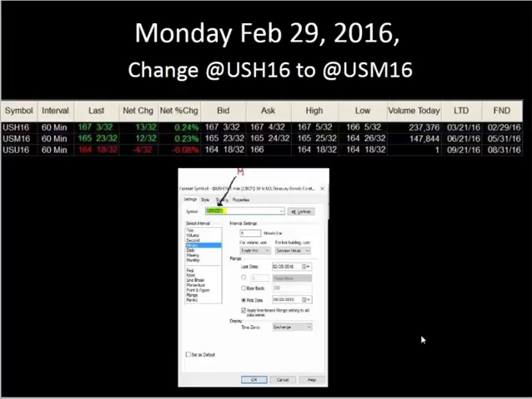So my suggestion is February the 29th, go ahead and change that March to a June, and you can check and make sure that the volume is bigger in the June than it is the March. That's really how you determine it: when the volume switches from one contract to another, we want to go to that contract with the most volume.